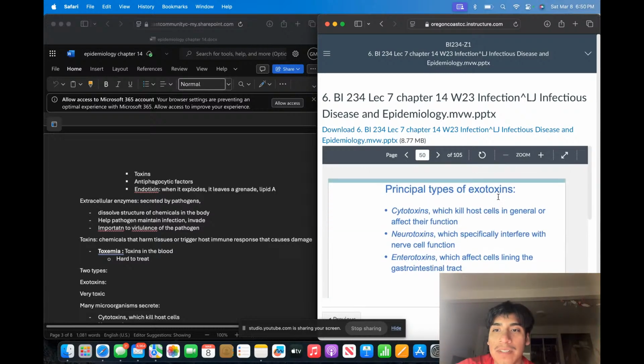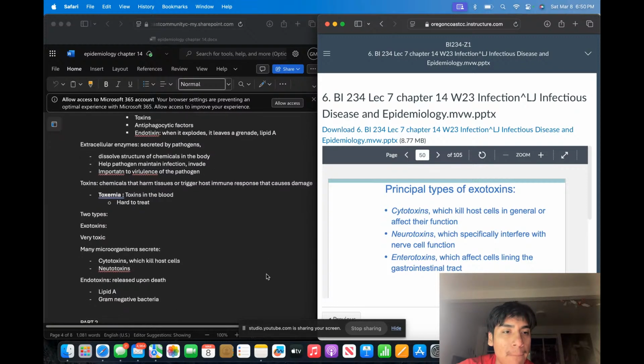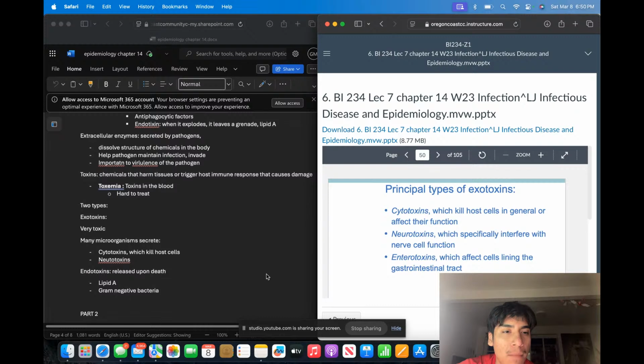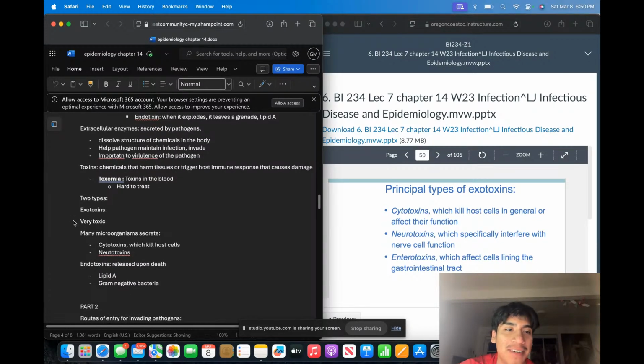All right. Principal types of exotoxins. So these are very toxic. Here I have a note. So examples include cytotoxins, which kill host cells in general. That makes sense because cyto means cell, like cytoplasm.